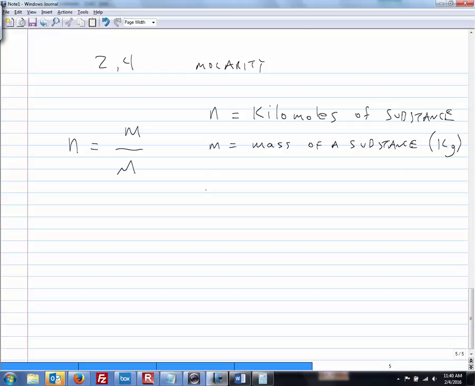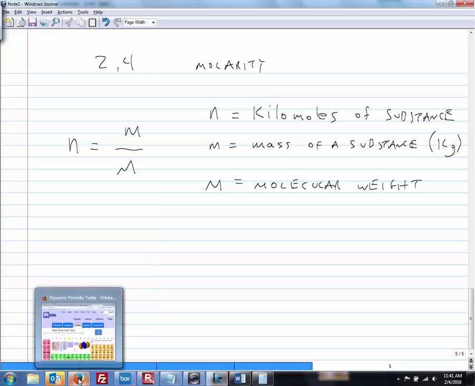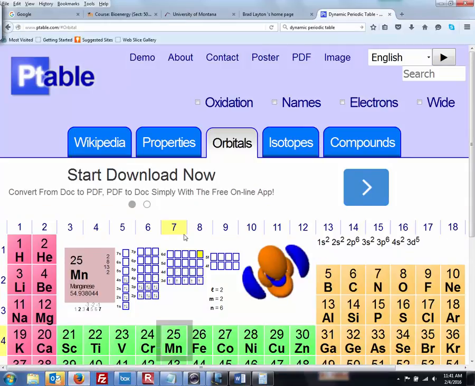And then big M equals the molecular weight. Okay, this is not as bad as it looks. We've got all the tools we need to figure this out. So, what are the molecular weights?